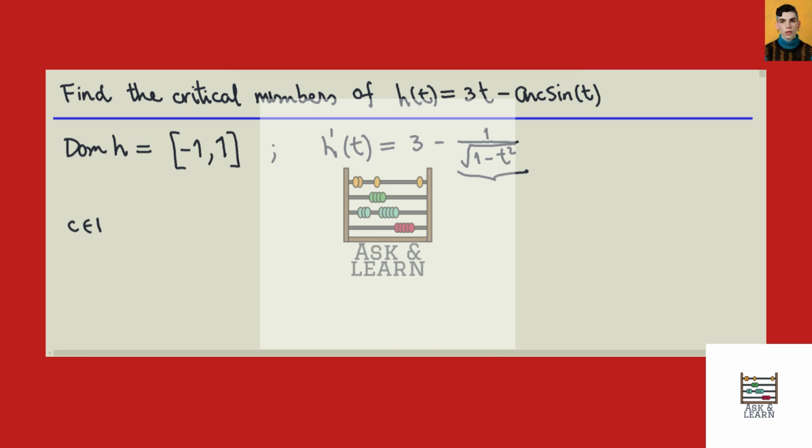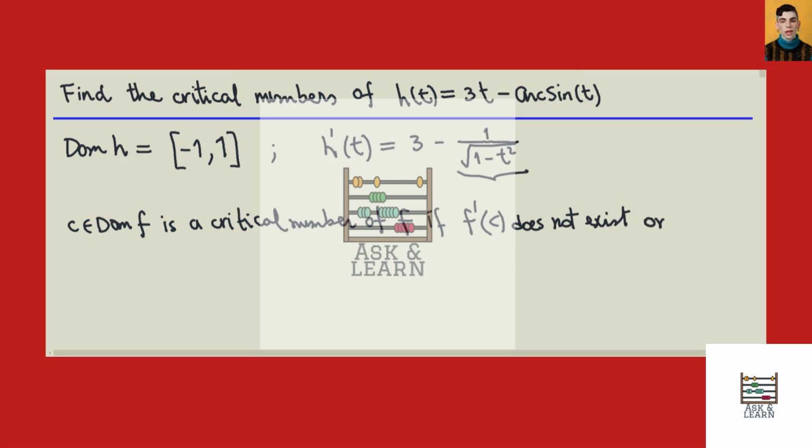So c in the domain of a function f is a critical number of the function if the derivative of the function at c does not exist, or it exists and its value is equal to 0.